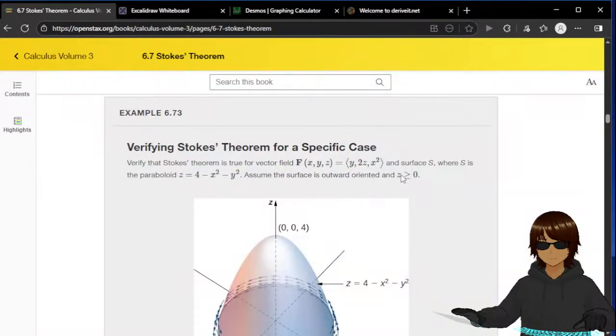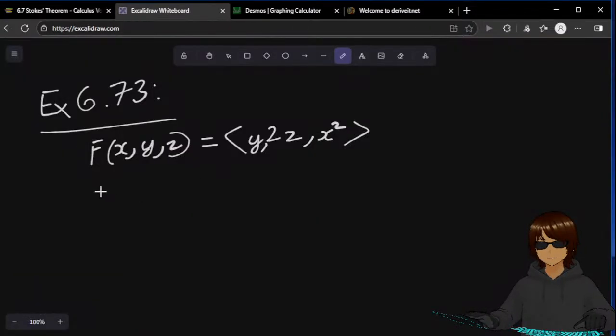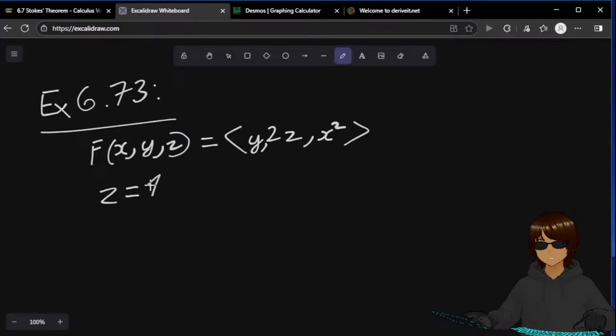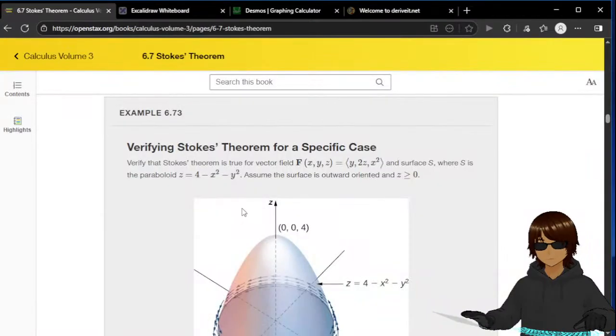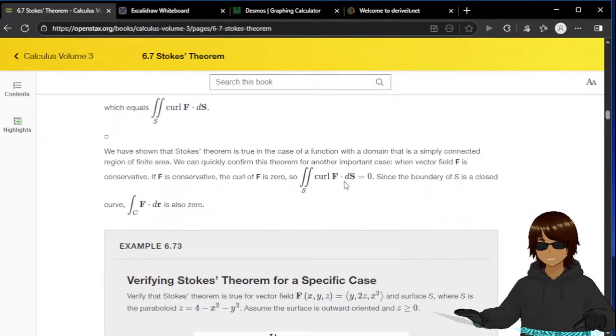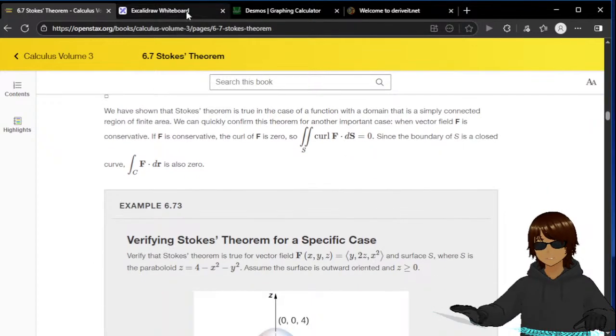Paraboloid z is equal to 4 minus x squared minus y squared. Assume the surface is outward oriented and z is greater than or equal to 0. So I think they want us to calculate this, and check if they're the same, right?